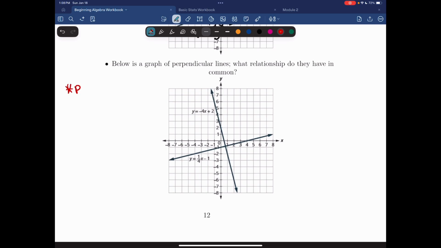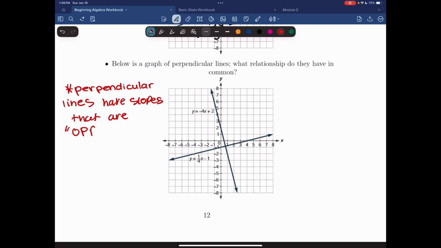So perpendicular lines have slopes that are known as opposite reciprocals.